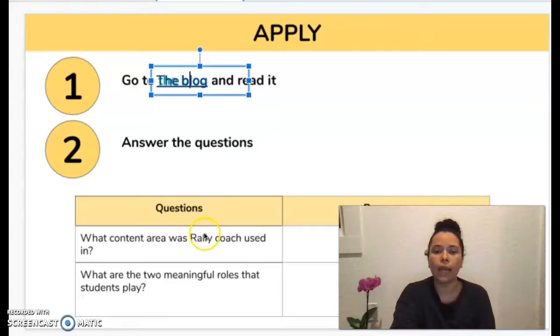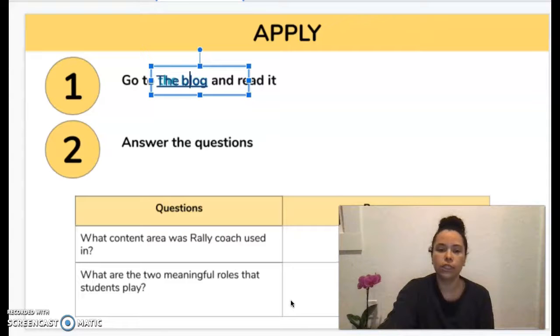You're going to go back and you're going to answer these 2 questions. Number 1, what content area was Rally Coach used in the blog? And then number 2, what are the 2 meaningful roles that students play? So then once you read the blog and you answer those questions, you can do that independently, and then we can meet back again here.